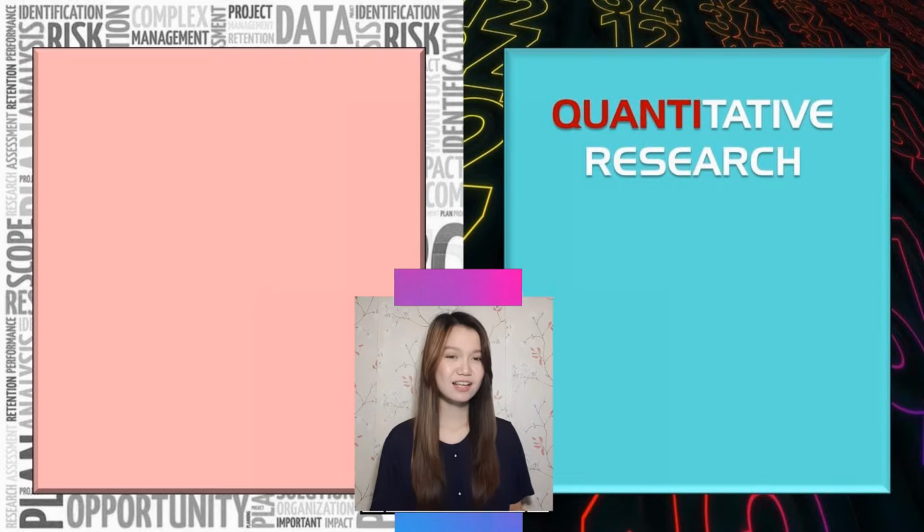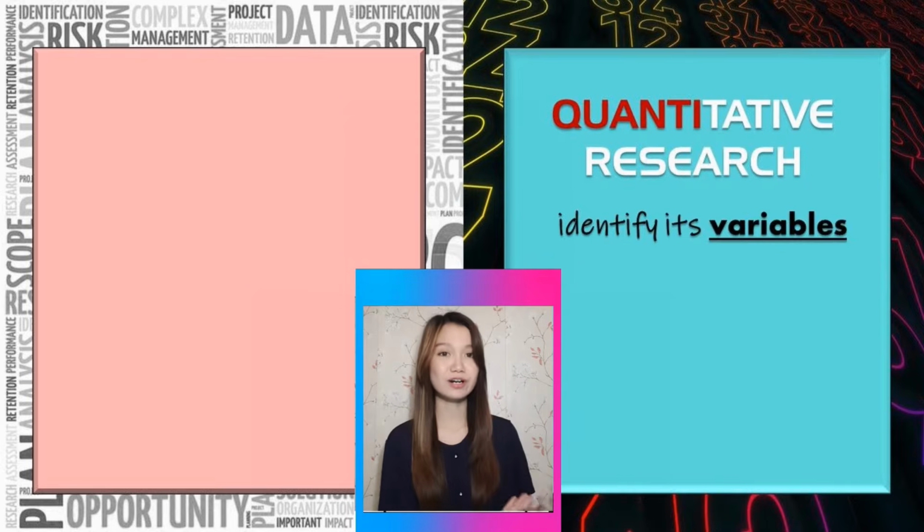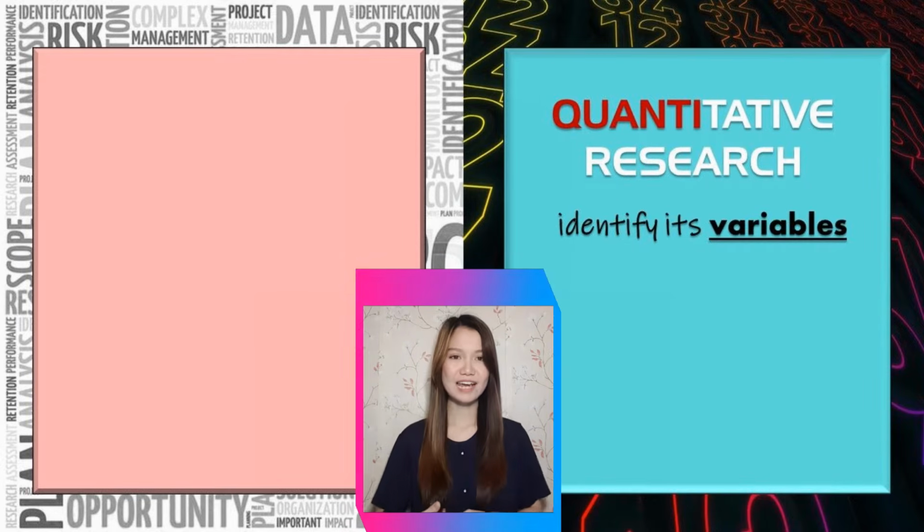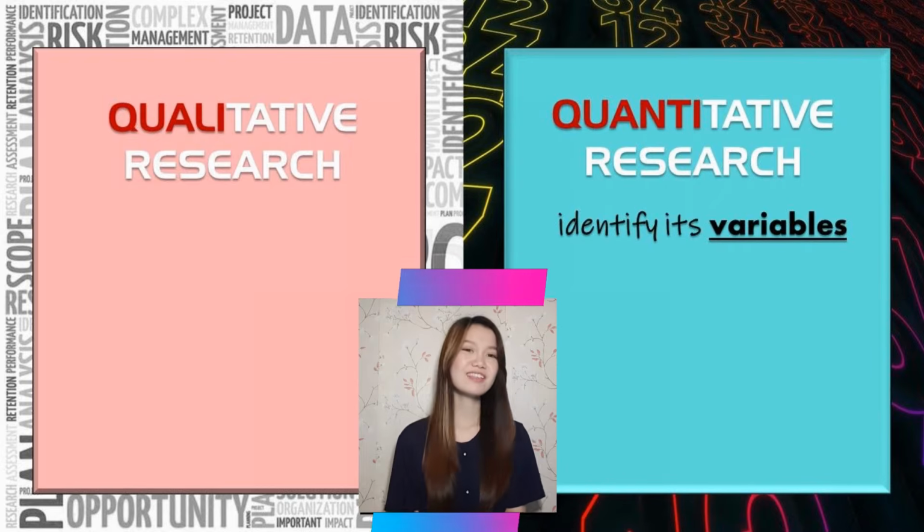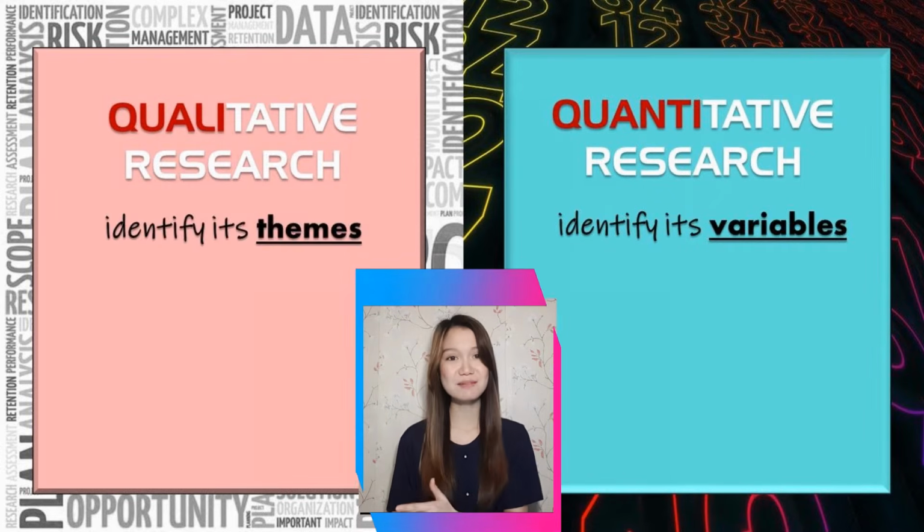But when it comes to research, the analysis depends highly on the kind of research that you are writing. For example, you are writing a quantitative research. Then you're going to identify the variables. Whereas if you are writing a qualitative research, then you're going to identify the themes.